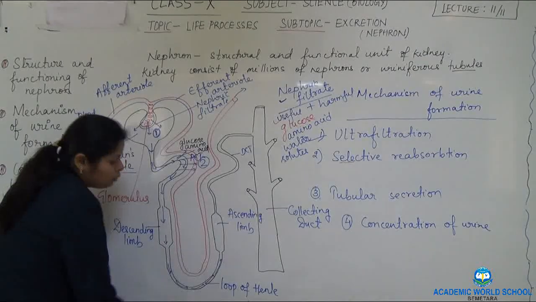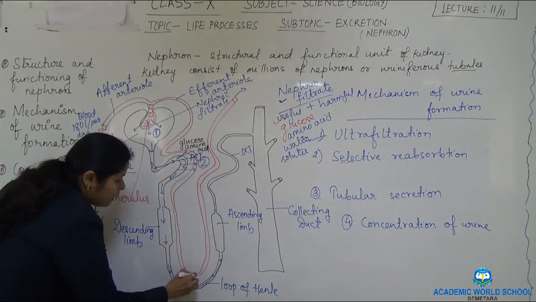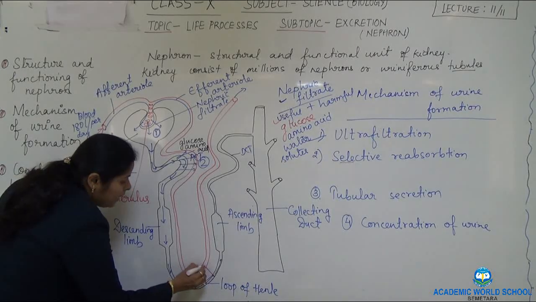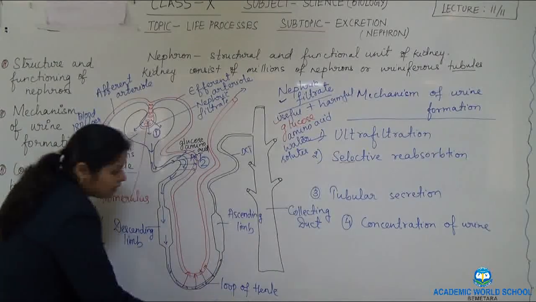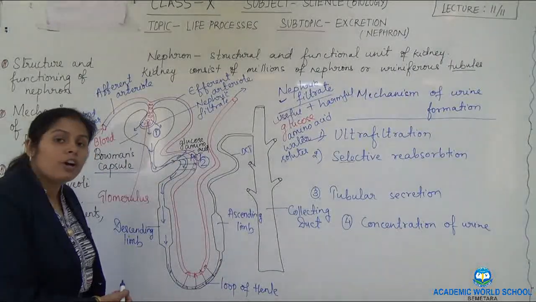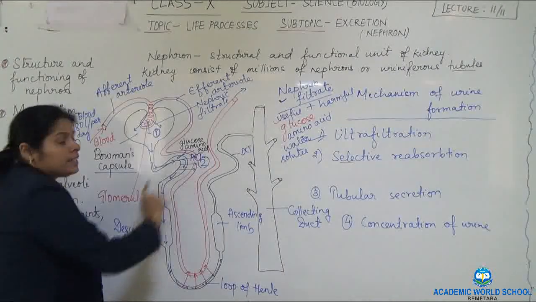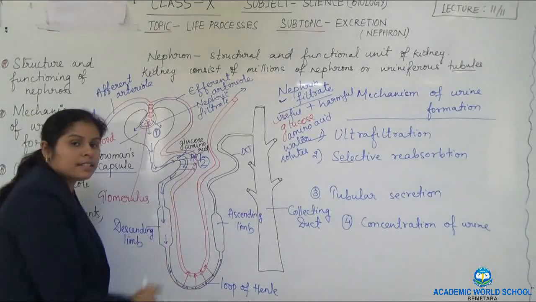When it passes through the loop of Henle, what will happen? The excess of water will be absorbed by the capillaries which run very close to it. So what is the function of the loop of Henle? It helps in absorption of water. What is the function of PCT? It helps in absorption of useful materials like glucose, amino acids, right?